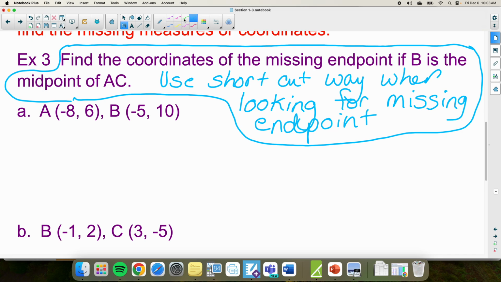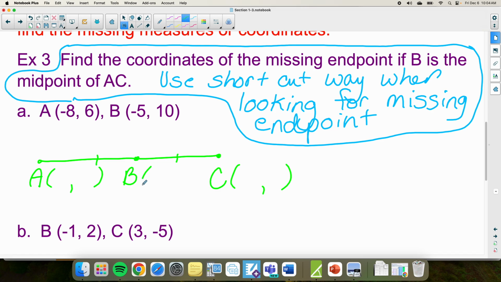All right, so how we do these problems is we're gonna actually draw out what we're given. And in this problem, it says B is the midpoint of AC. What that means is A's here, C's here, and B is here, okay? And B is the midpoint, so that means these two are equal, and they're gonna give us either A or C, and they're gonna give us B. So this one's different.